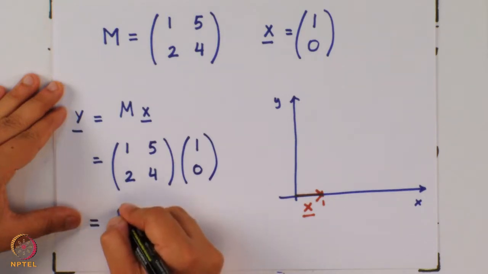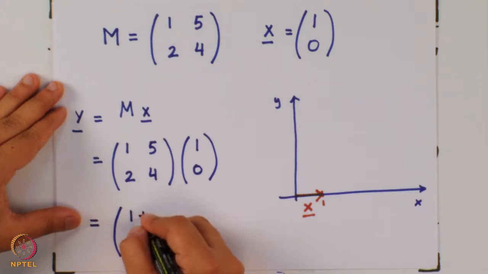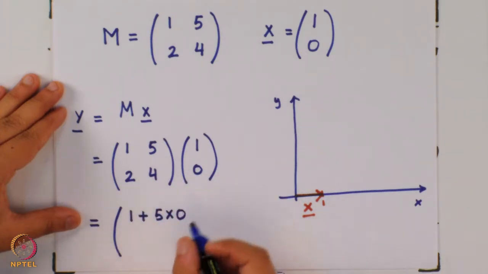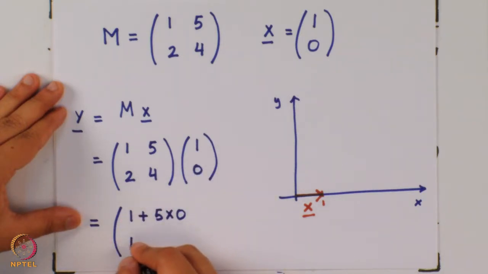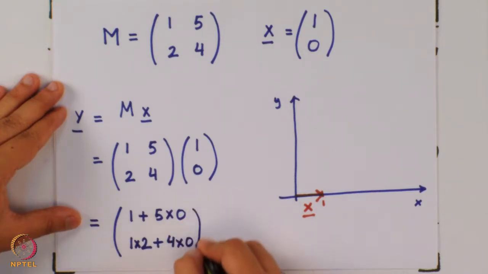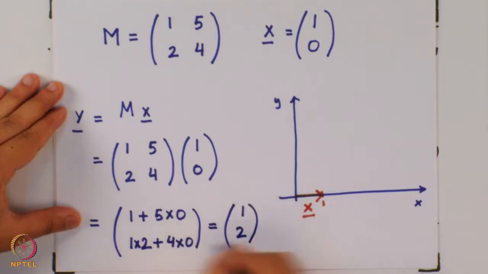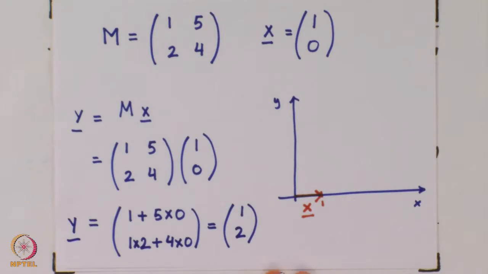And as we had done in our last slide, this is 1 times 1 plus 5 times 0, and the second element is 2 times 1 plus 4 times 0, and that gives me 1, 2. So, my y vector is equal to 1, 2.